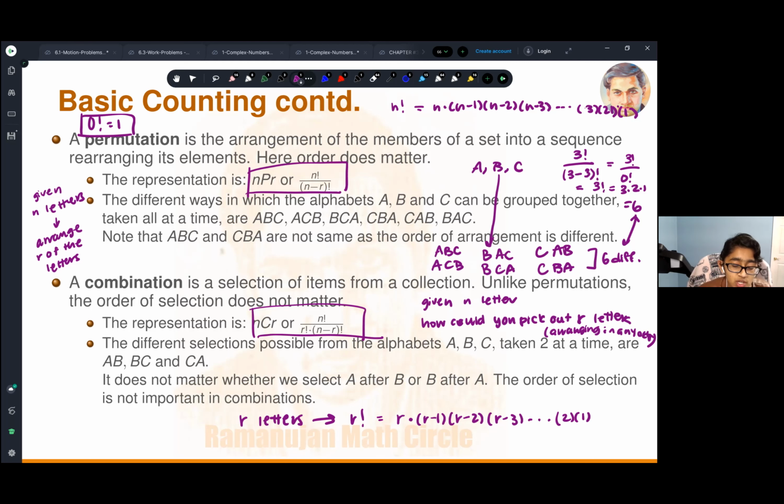So permutations are always greater, and that means you don't divide as much from the n factorial in permutations. So logically, that's how you remember which formula is for which.